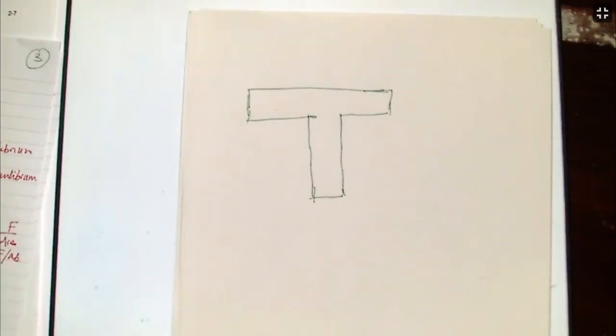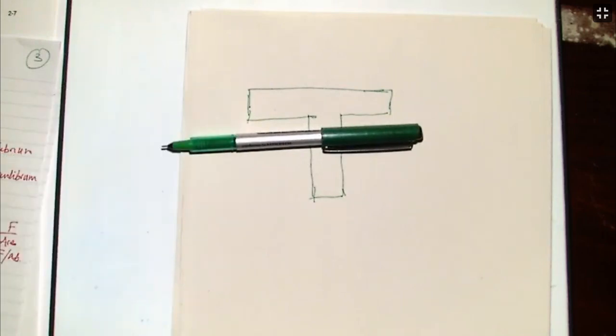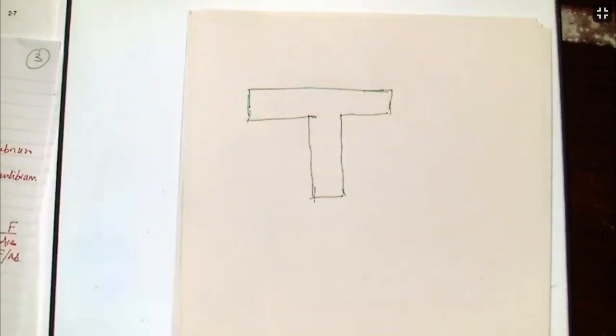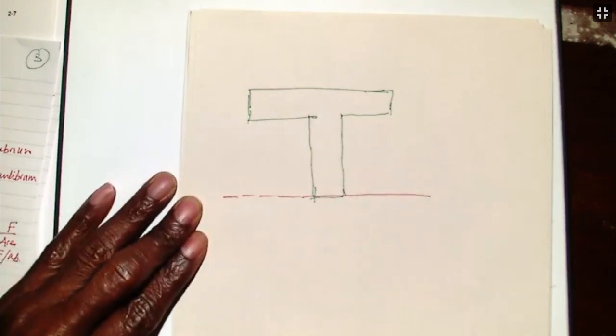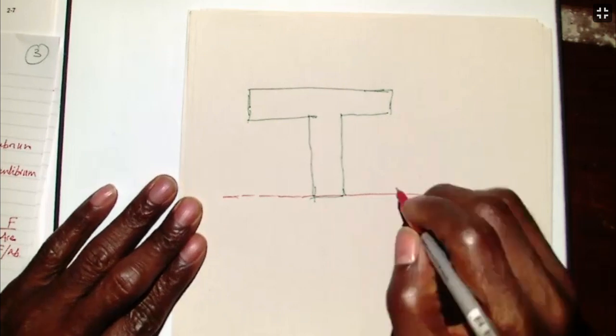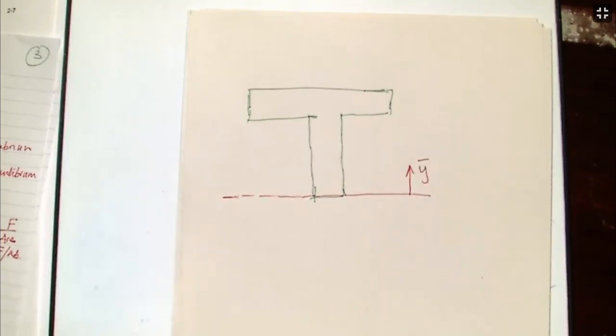We know it's not symmetric because if I draw a line here, what is below is not the same as what is at the top. I want to find where the centroid is. I'm going to make the base my reference. I want to find how far from the base is my centroid.